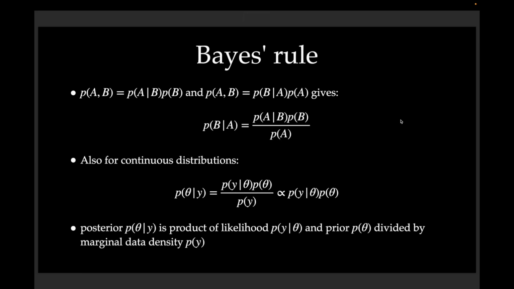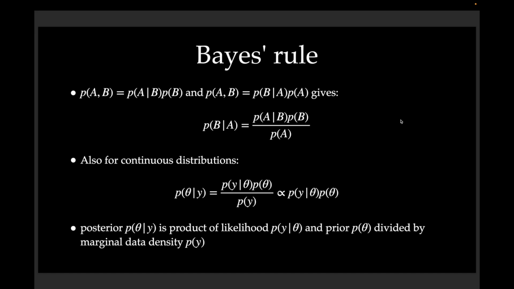Now, what are the ingredients? The ingredients are the prior and the likelihood, and we combine that by Bayes' rule. Okay, so remember the formulas from undergraduate statistics for the joint probability of two events A and B. The probability of them happening jointly is equal to the conditional probability of A, given that B happened, times the probability that B happened. And we can turn this around and combine the formula, and then we get Bayes' rule.